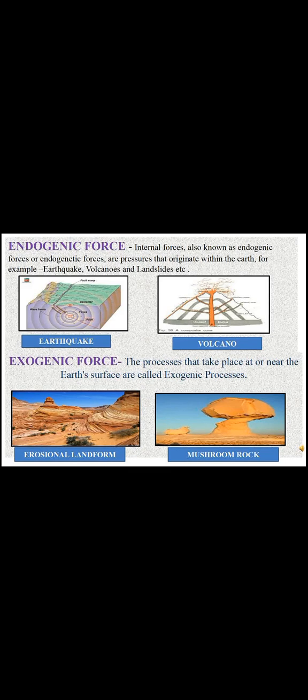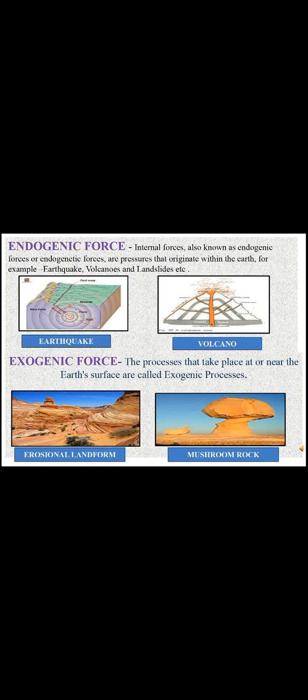Next is exogenic force. Exogenic force is also called external force. That means these forces mainly take place on the earth's surface, and the main agents of these forces are wind, water, temperature, glacier, etc. Let's take help from the picture given below.